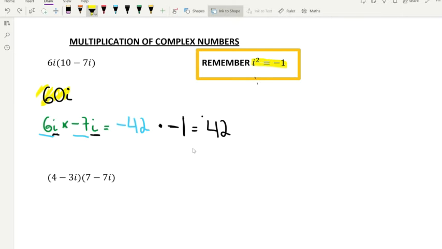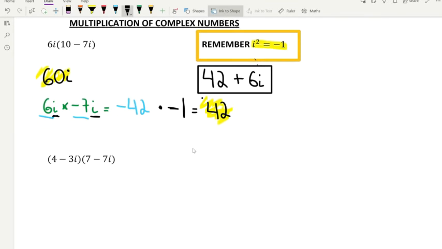But because of the i squared, i times i, we have 42. So write this out in the same way that we do with complex numbers: the real part first and the imaginary part second, okay? 42 plus 60i. All right, there we have it.